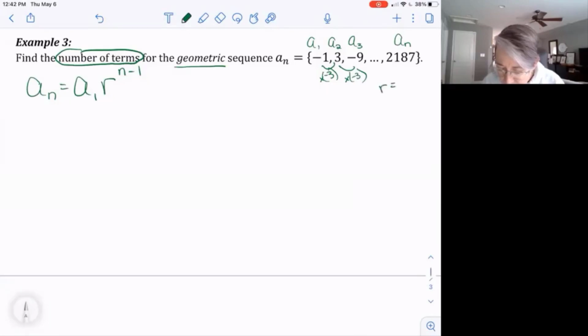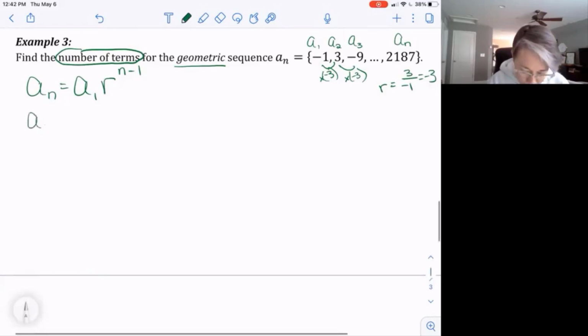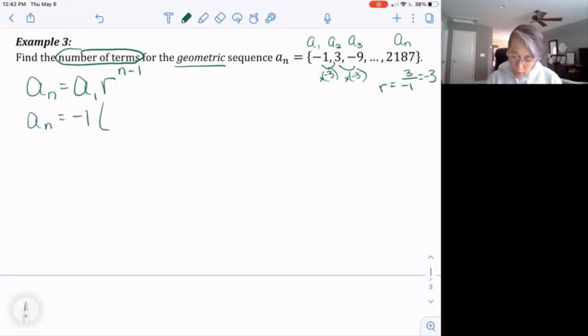The ratio equals any term divided by the term before it. We're going to get a -3. So in our formula to the left, we know not only the first term that was given to us, correct? -1, we know the common ratio, which is -3, to the n minus 1.